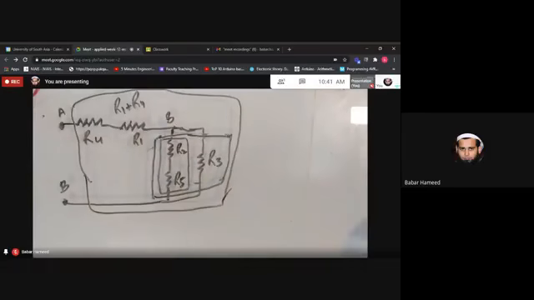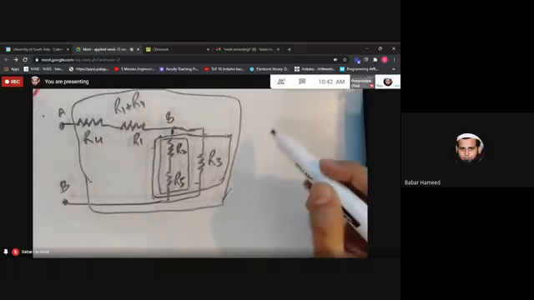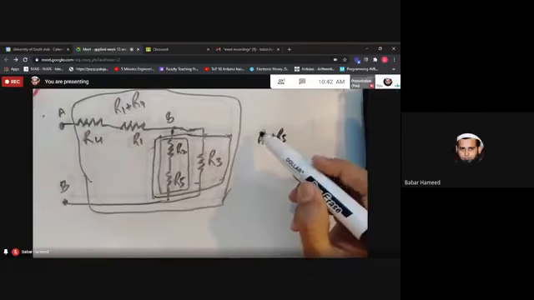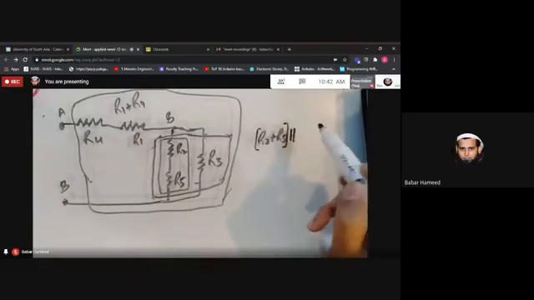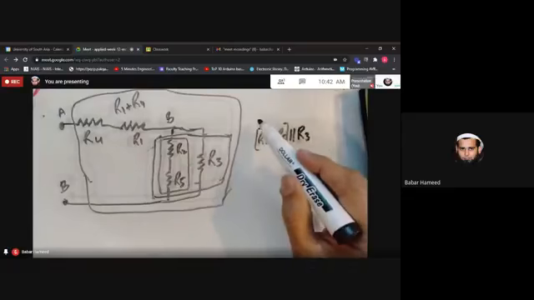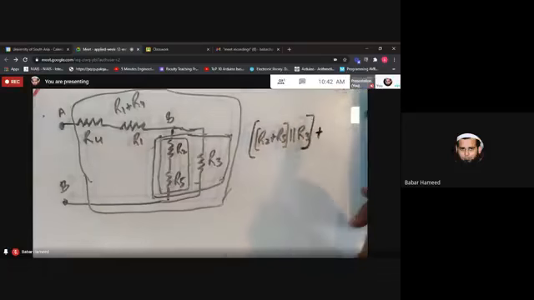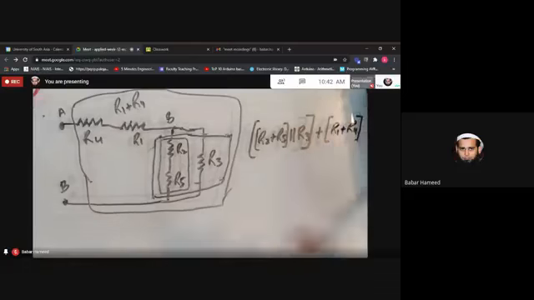If we solve it, the whole solution will be R2 plus R5, which is parallel to R3, and it is in series with the series combination of R1 and R4. This is R1 and this is R4.